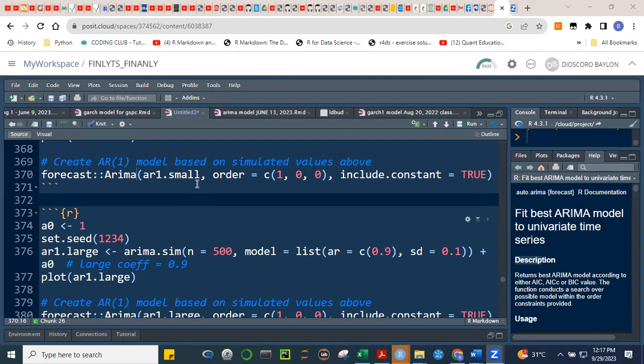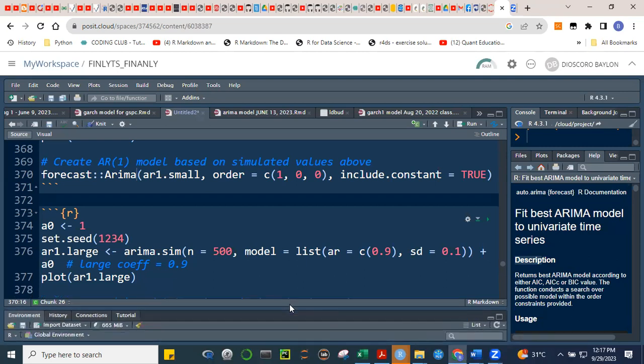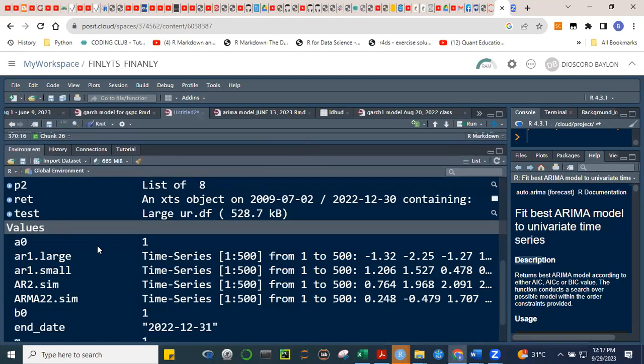We know that AR1.small was created by an AR1 process with phi equal to 0.1. So let's see what happens. Using the forecast package, in particular the arima function, the object is AR1.small, the one we generated and created. Here it is.